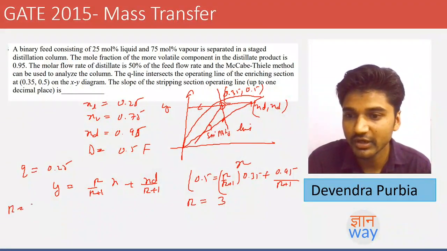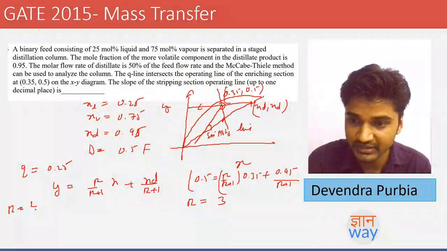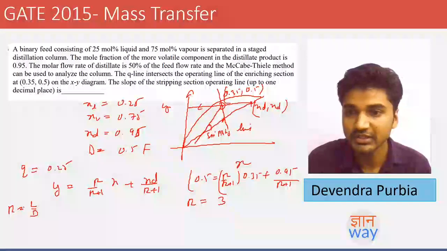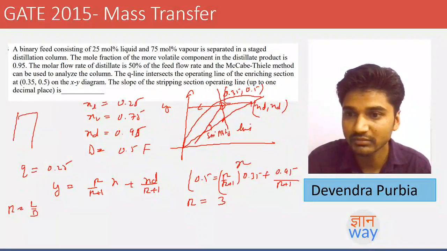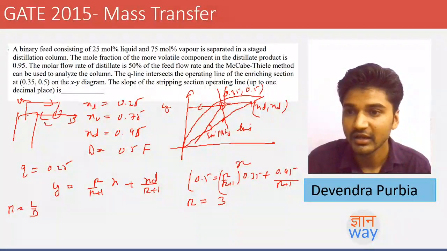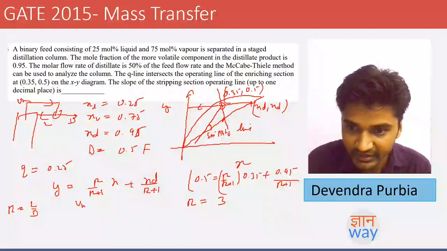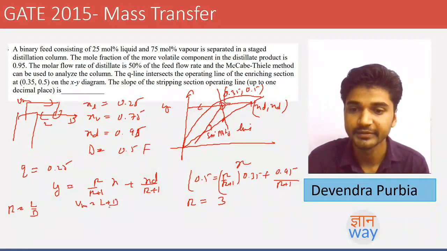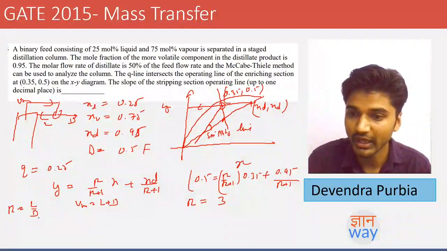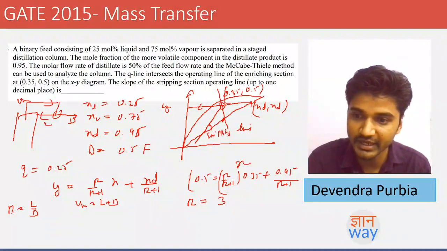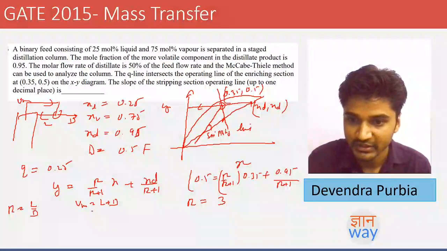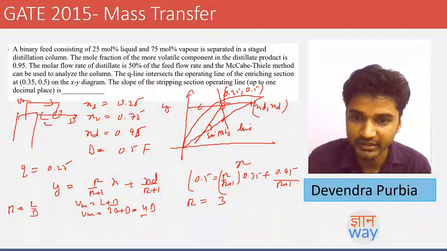As we already know from the mass balance, reflux is L by D. We have a distillation column, and from the top product we have Vm, and there is a condenser, then this is the distillate D, and this is L, and this Vm is nothing but L plus D. So we can denote L in terms of D as 3D, so Vm will be 3D plus D, that is 4D in total.